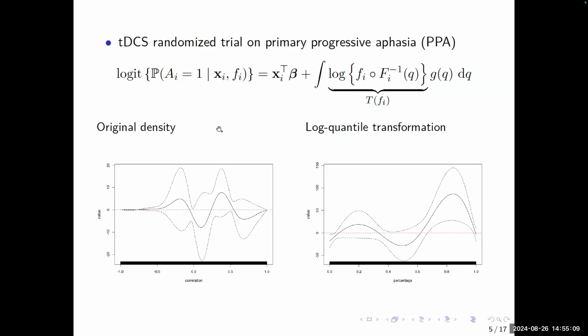This is the result if we use the original density, basically ignoring the property of the density functions and just treating it as a function in the reproducing kernel Hilbert space. We couldn't find any association. This is the coefficient curve. However, if we do a proper log quantile transformation, we do see some association at the tail part of the distribution.